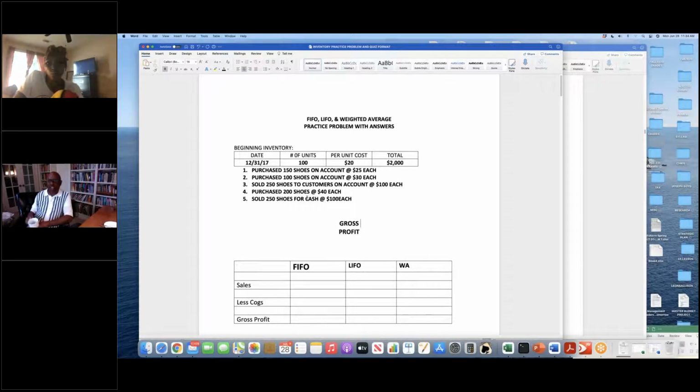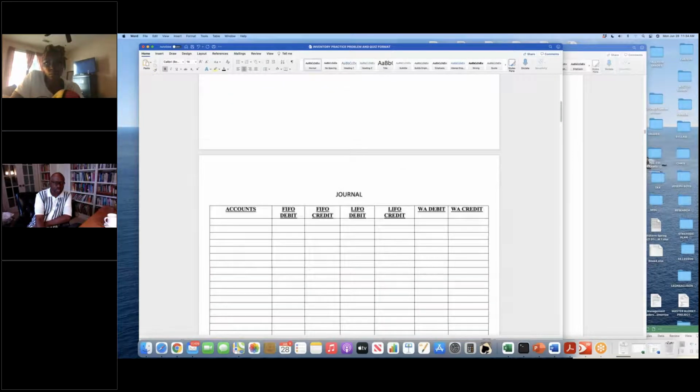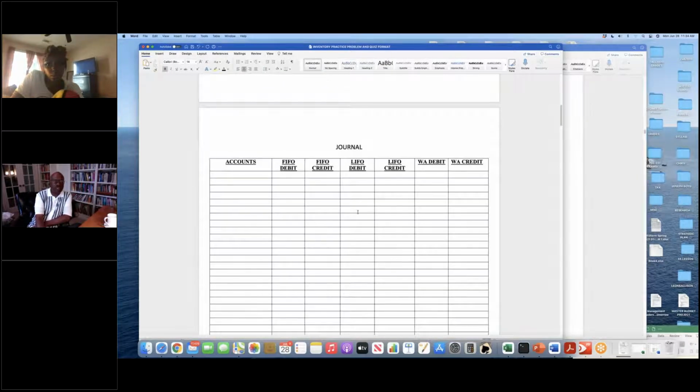We have to be organized so we can keep track of things, so we do it this way. Then our journal has a FIFO, LIFO, and weighted average column. You just have to worry about FIFO. We're setting it up this way because a lot of the journal entries will stay the same. So you don't have to worry about that now, but it's a little different format.